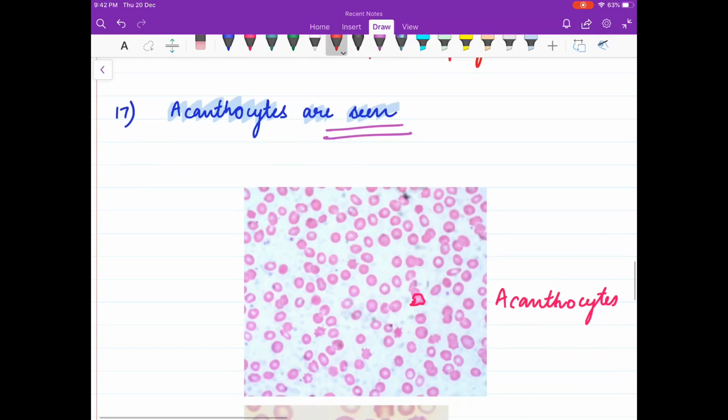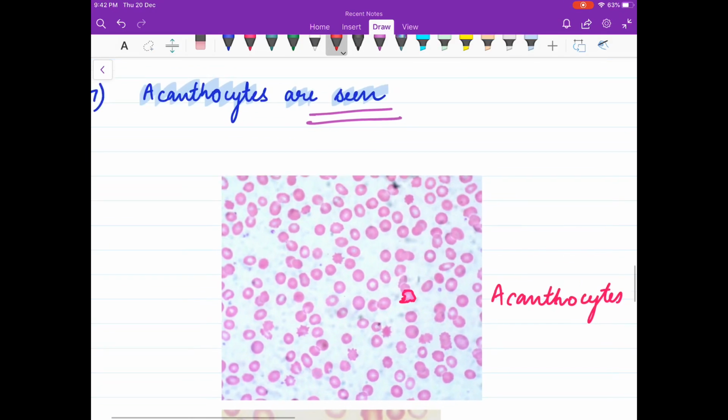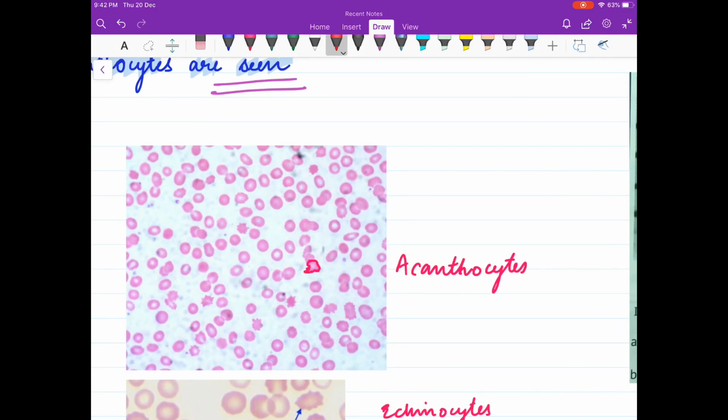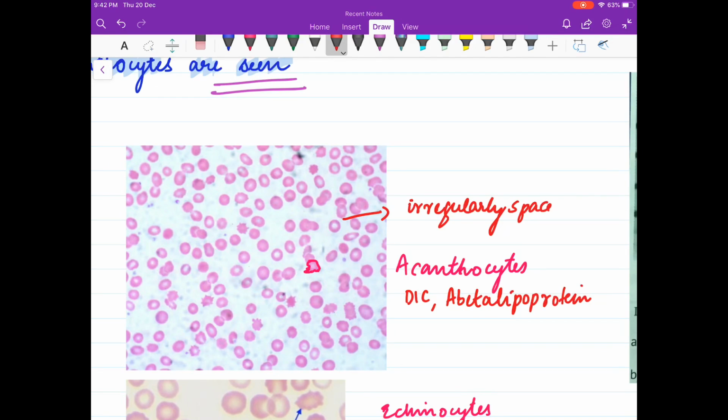Acanthocytes are seen in DIC and abetalipoproteinemia. These are irregularly spaced cytoplasmic projections.